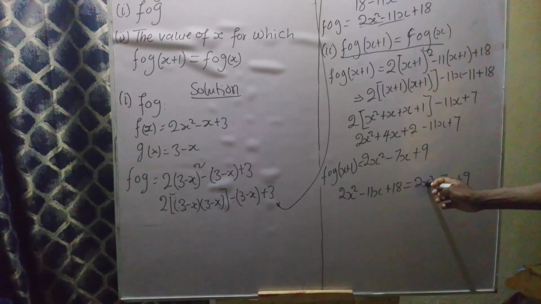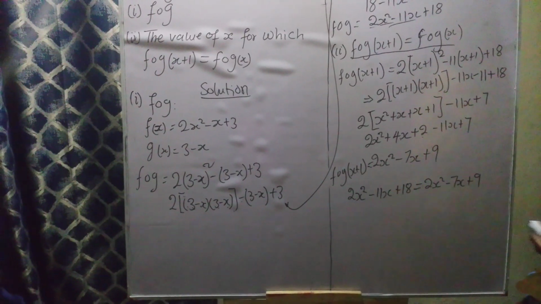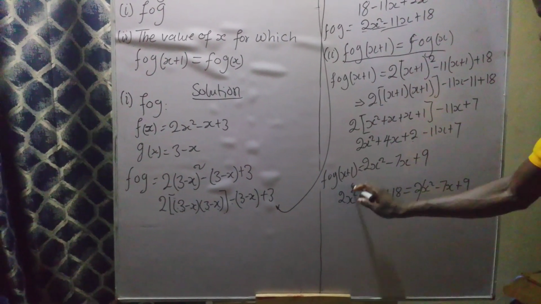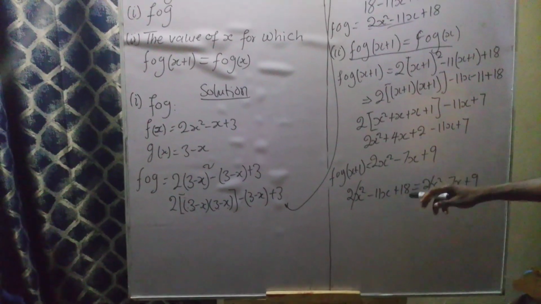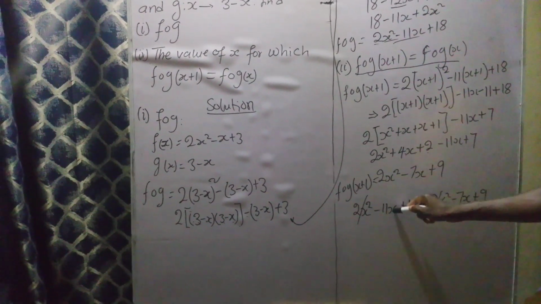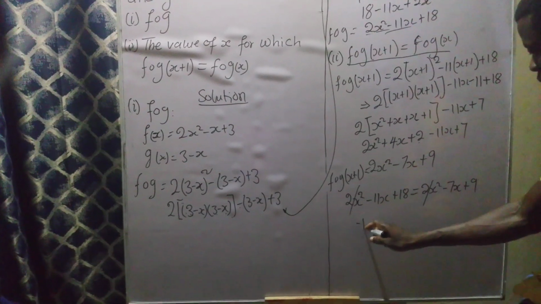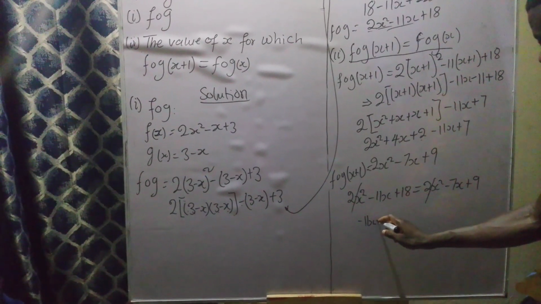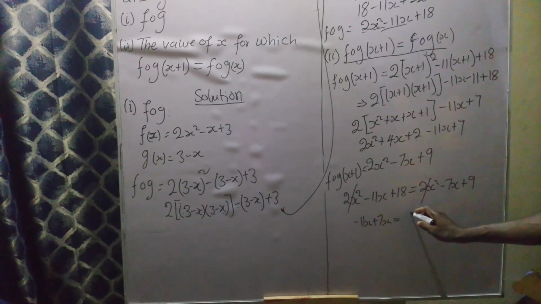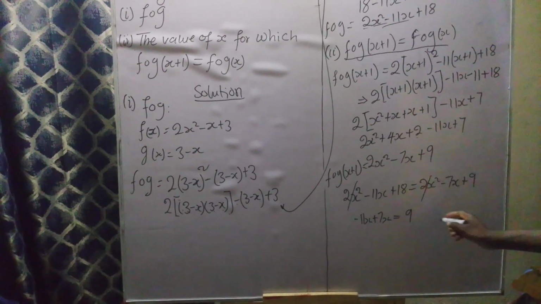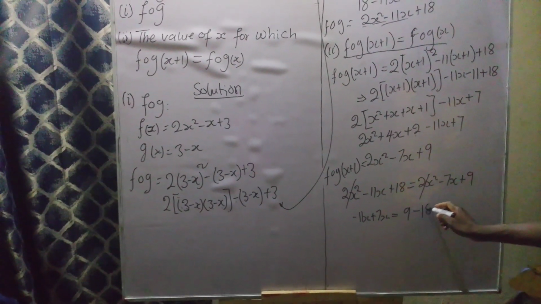When you transpose this, it becomes minus, so the 2x squared terms go away. Then we transpose the rest: minus 11x plus 7x equals 9 minus 18.